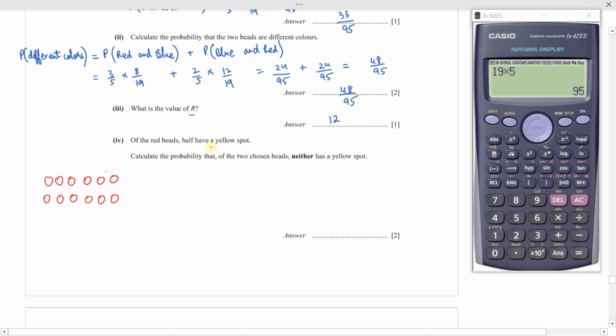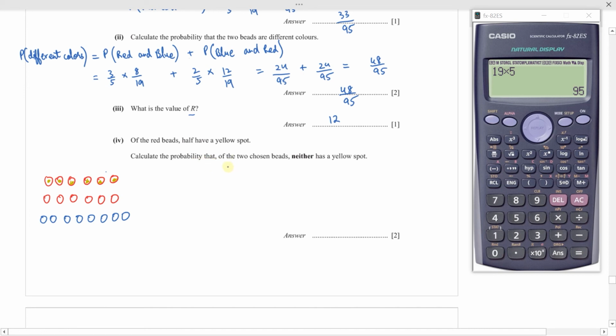And then half of them have a yellow spot. So let me just draw yellow spots in these. And then the remaining 8, so 12 are red and remaining 8 are blue. So 1, 2, 3, 4, 5, 6, 7, 8. So these are the 20 beads that you have.